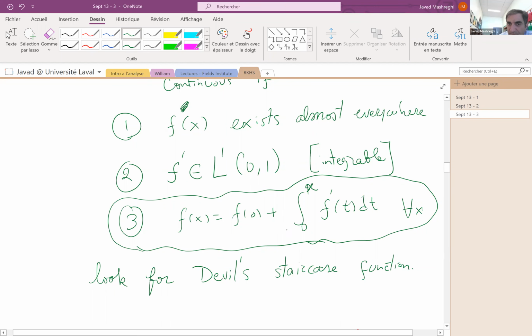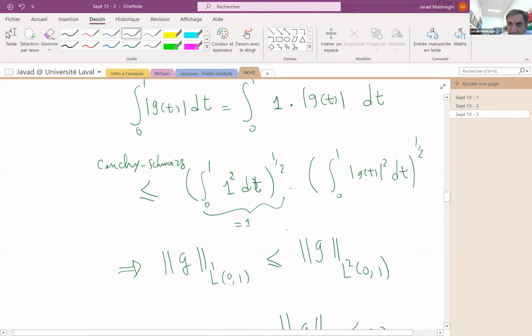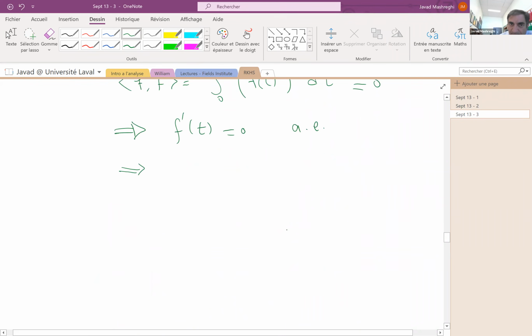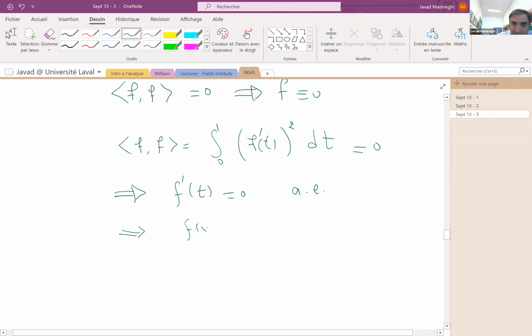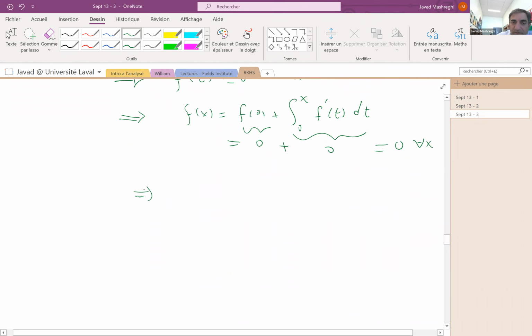That's an important property of absolutely continuous functions. So f of x is equal to f of 0 plus the integral from 0 to x of f prime t dt. As you said, this is 0, and you also mentioned f of 0 is also 0, the boundary value. So we have f of x equal to 0 for all x. In other words, f is identically equal to 0. So it's a good inner product. It satisfies all the properties.